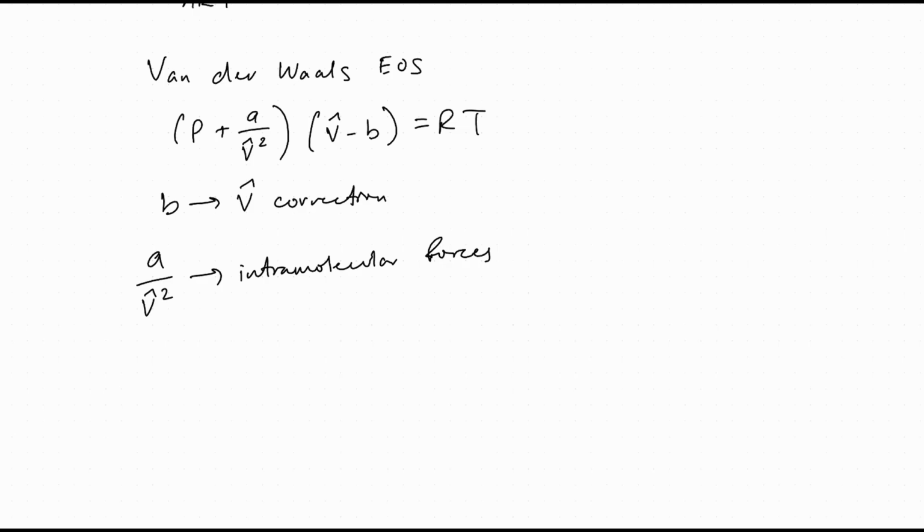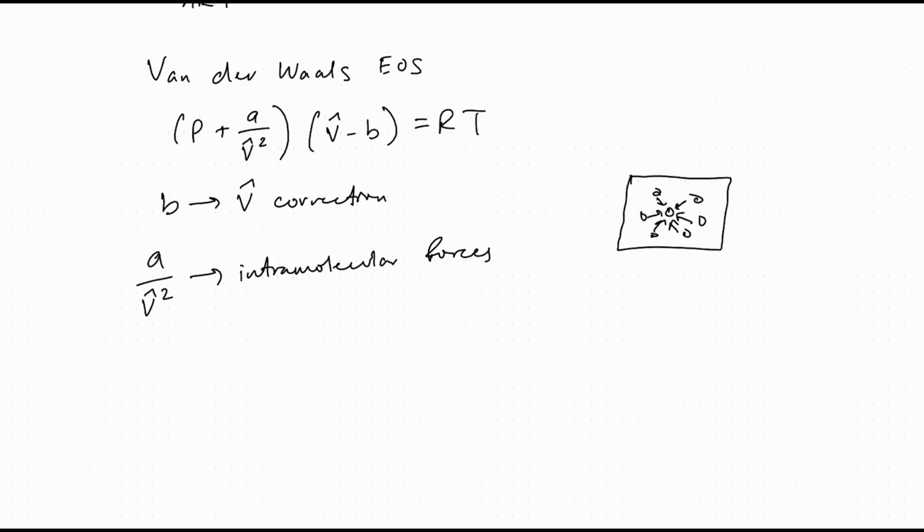So if you can imagine, I have a container, and I have this molecule in the center, and then I have all these other molecules. Because there are intermolecular forces, they're kind of pulling each other closer. And by pulling each other closer like this, they're not exerting as much pressure on the walls. So we add this A over V hat squared back to the measured pressure to get essentially the effective pressure, right?